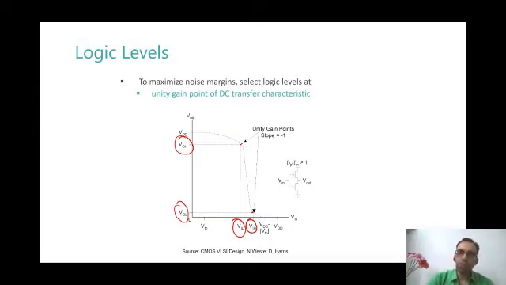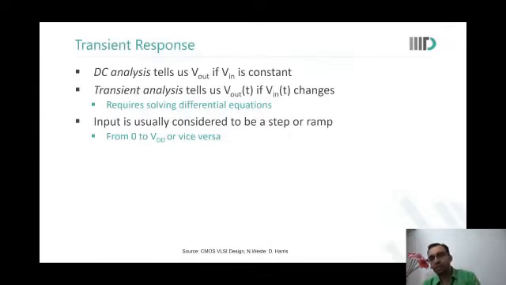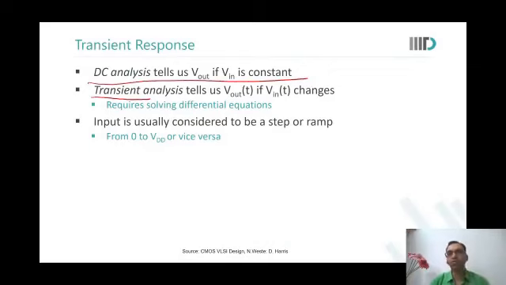Okay. So having looked at this and having also talked about transient analysis a little while back, we understand that DC analysis is what happens to V out if Vin is constant. Transient analysis is what happens to V out if Vin changes over time. And we also discussed already that the same kind of characteristic will stay valid.